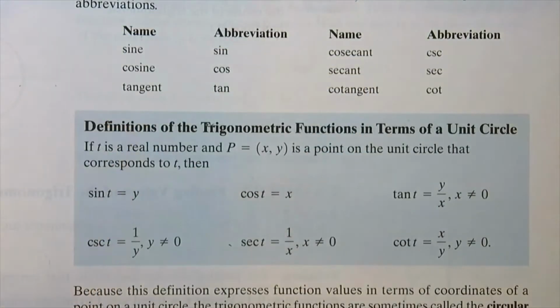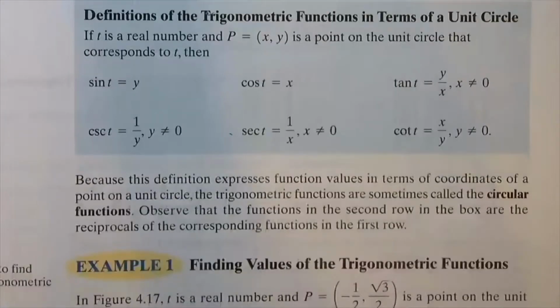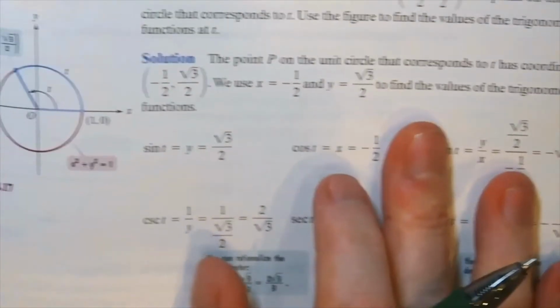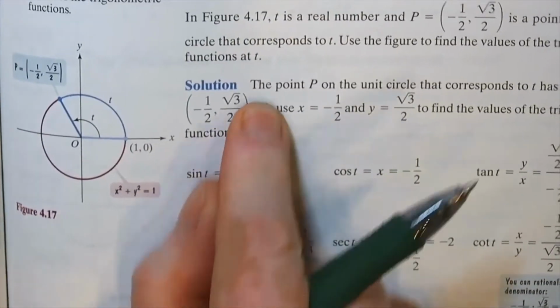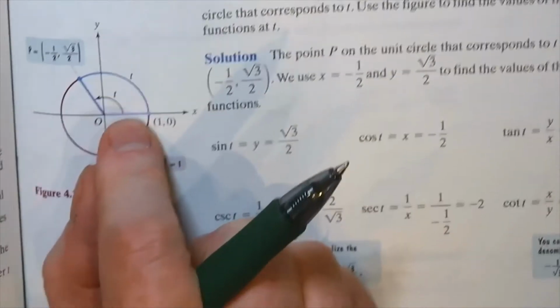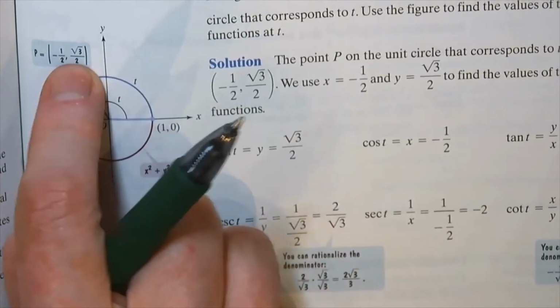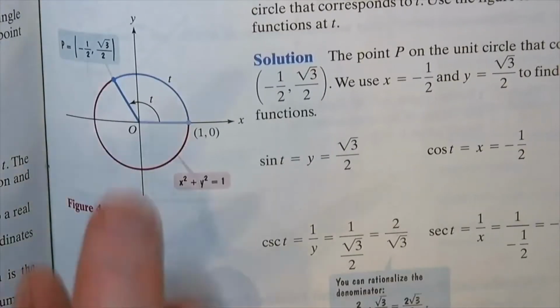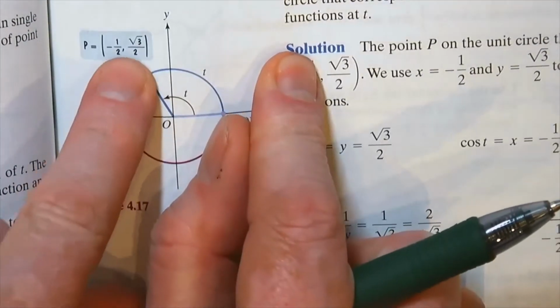So how am I supposed to do these? Because here's a question. They're going to say, here's a clue. They'll say, let's tell you this piece right here. Here's an angle. There's an angle, and they told me these pieces.